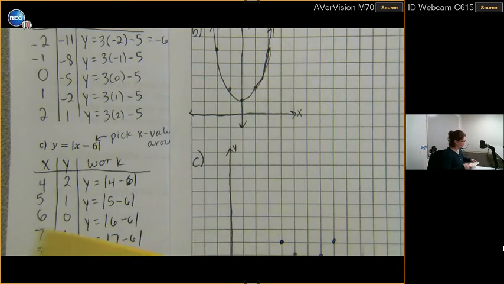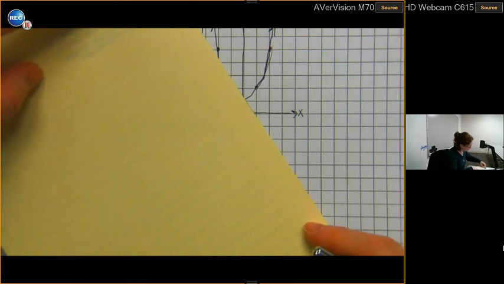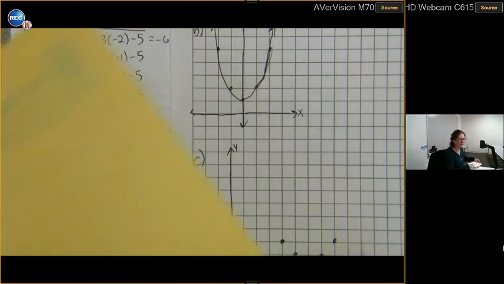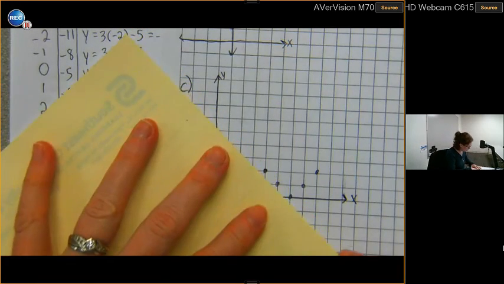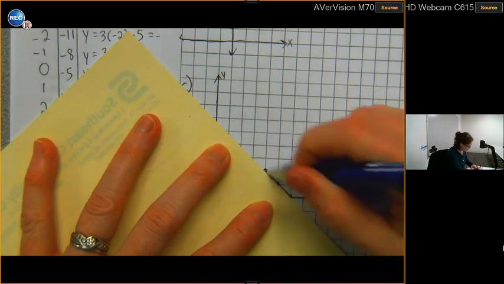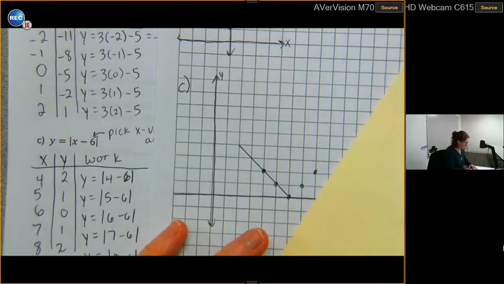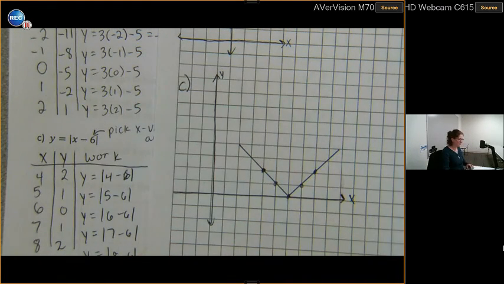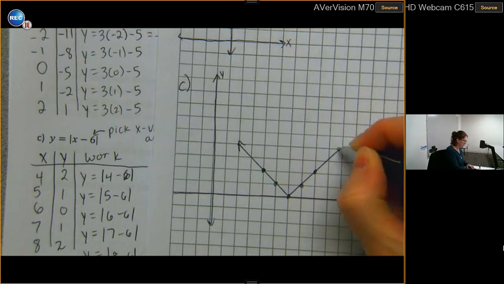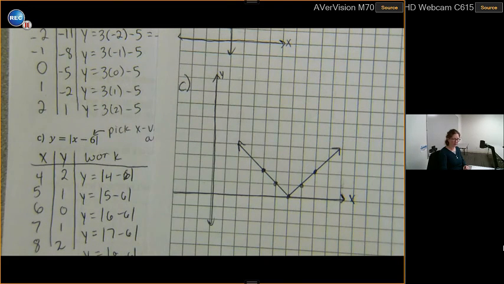If I find my straight edge, I can't connect all 3 of my points with a straight line on part B, so that's how I knew it was curved. Whereas part C, I can connect them with a straight line. So I have a V-shaped graph. Every time you have absolute value, your graph will be V-shaped.